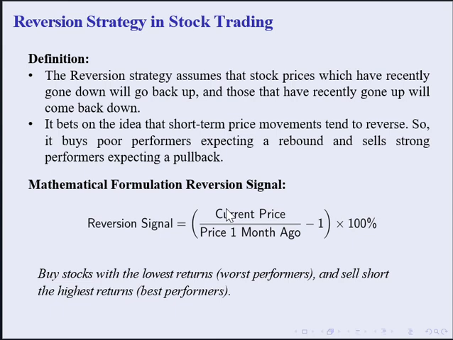In reversion strategy, we assume that our stock price will return to its average. So we calculate the return of stocks for the past 1 month and consider the stocks which give much return as volatile. So we buy the stocks which give less returns and sell the stocks which give much returns.